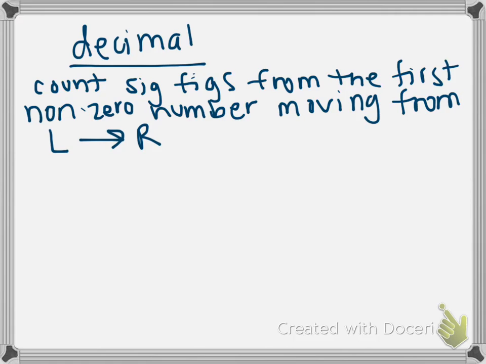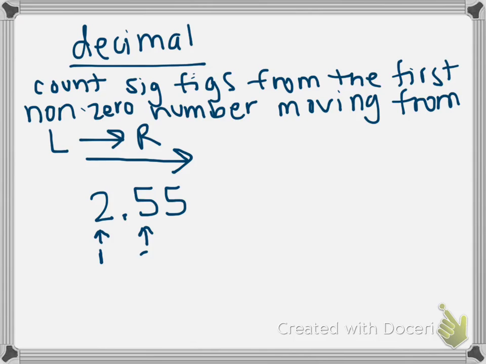So for example, if I had the number 2.55, I count from left to right. Okay, so that's the direction I count, and I start counting at the first non-zero number. So I look at the farthest left number, that's 2. Okay, that's a non-zero number, so I start counting. That's number 1, and I keep counting until I'm done. This is number 2, and this is number 3. So this number right here has 3 sig figs.